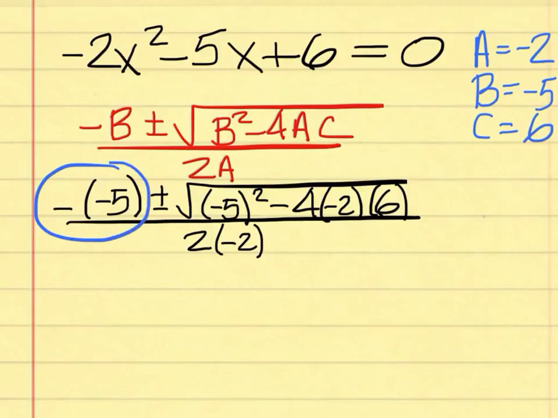What does this simplify to there? That's right, it goes to 5. Double negative. So I have 5 plus or minus. What is the quantity squared of negative 5? 25 is right.